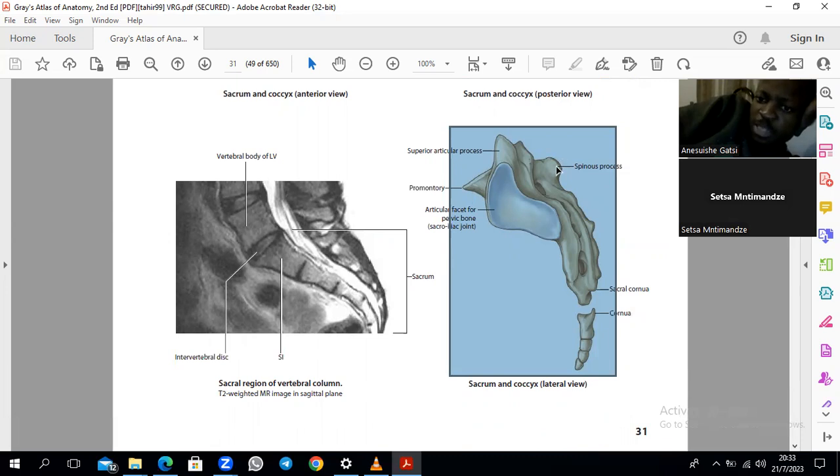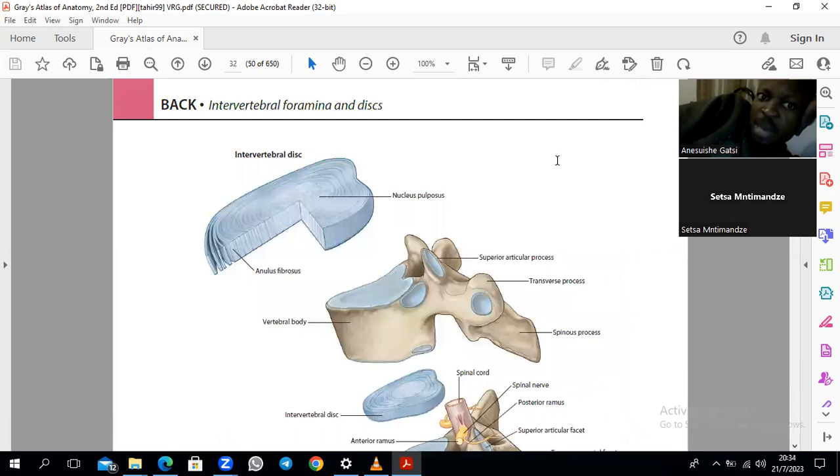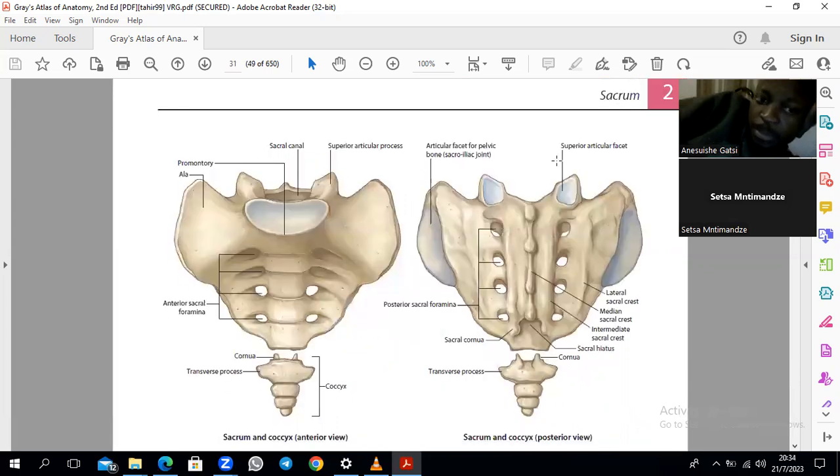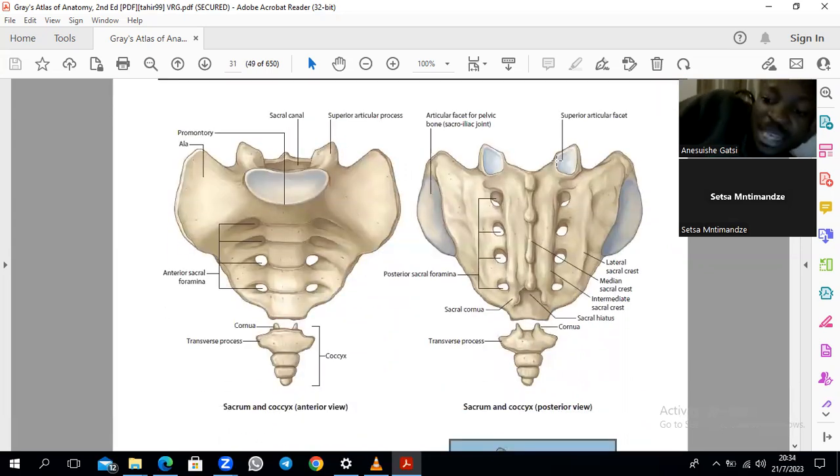There's also going to be spinous processes. But you still have the pedicles, and there's something more to it. So we say there's a sacral canal. There's this ala as well.